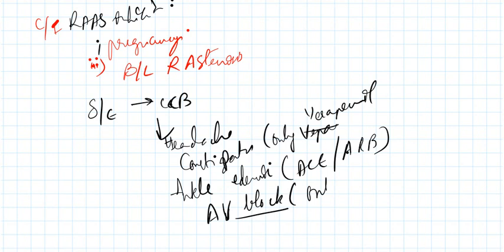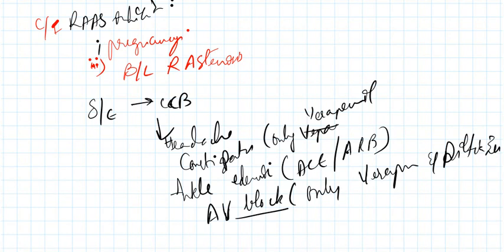It's seen only in verapamil and diltiazem. Remember this, it's a very important MCQ. And one more thing: verapamil and diltiazem should not be given with beta blockers. Please keep this statement in mind.